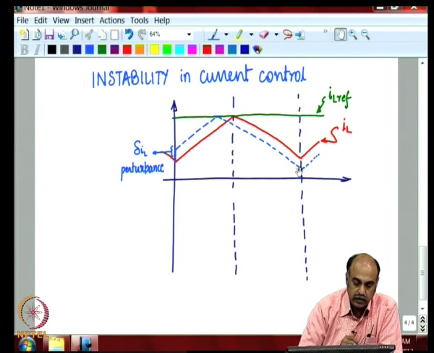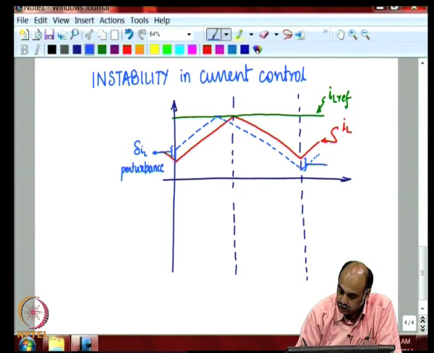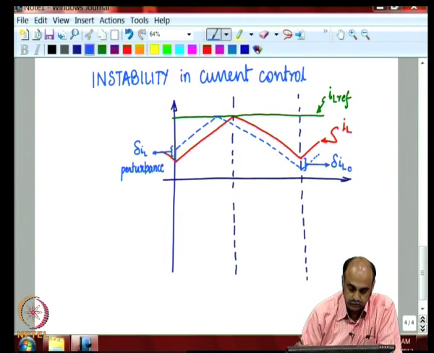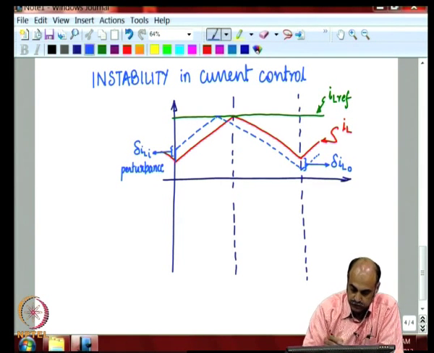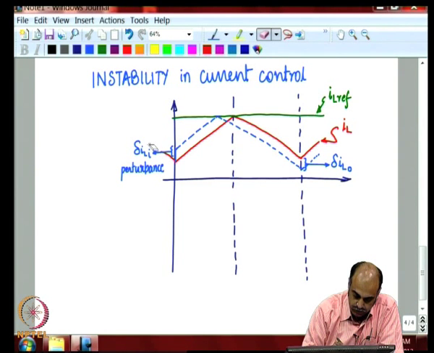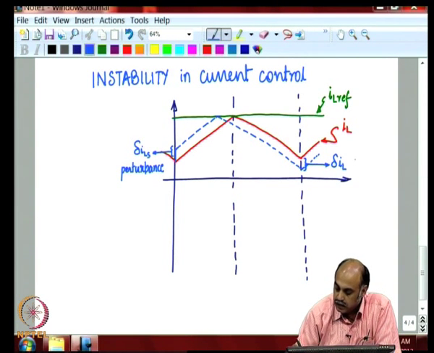So, let us call that delta IL at the end of the period and delta IL at the start of the period.